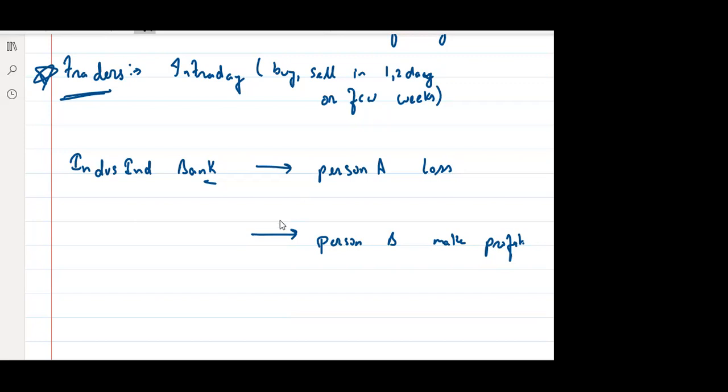Now, can you imagine how a person can make a loss as well as a profit for the same company? Tell me. It depends on when they are investing.